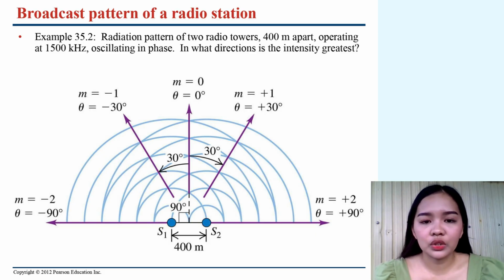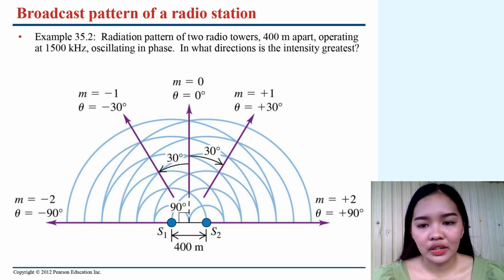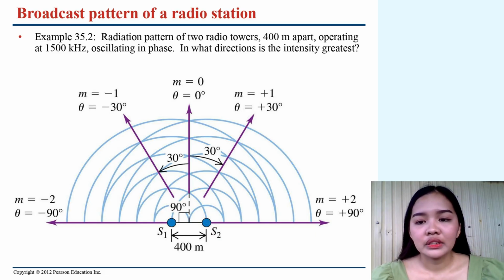These are the directions where the signal is strongest, and between them the signal cancels out. This is how broadcast engineers design antenna arrays to aim the signals in specific directions.